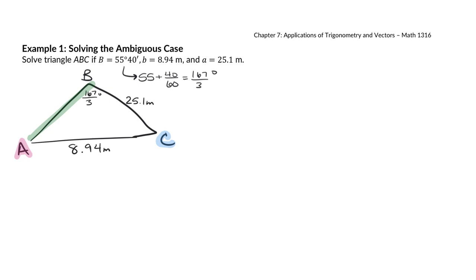Okay, we're solving for big A first, because I know one of its pieces of information, but not both. We set up the law of sines. What's the pair of letters that I want to use each time here? B. Sine of big B over b is going to be equal to sine of big A over a. This class, unlike last class, we're actually looking for the angle, so we're going to leave the capital letter in the formula.